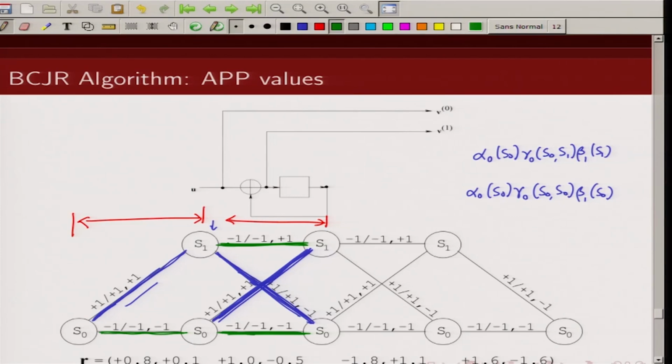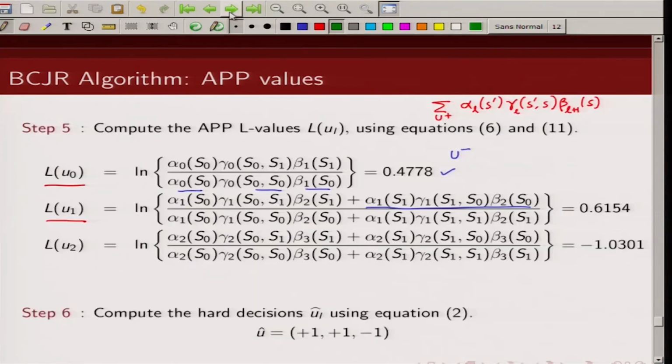This transition will give you alpha 1 S 0, gamma 1 S 0 times beta 2 S 0, plus alpha 1 S 1 gamma 1 S 1 times beta 2 S 1, and that is what you have here. Likewise, we compute log likelihood ratios, APP values, for all the 3 information bits.